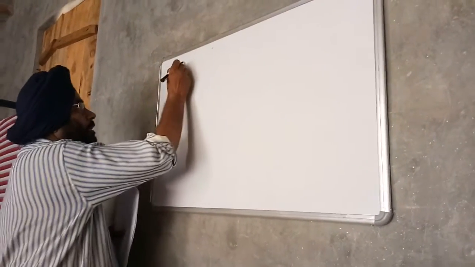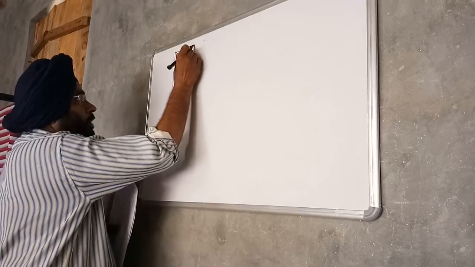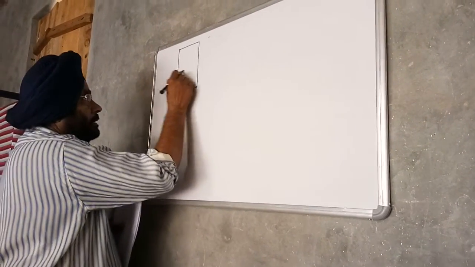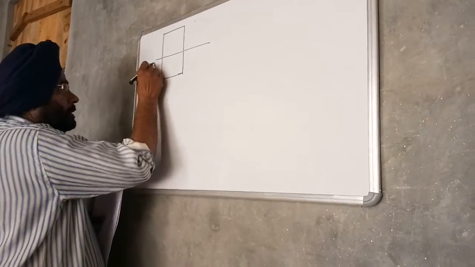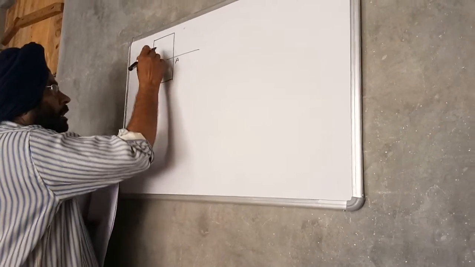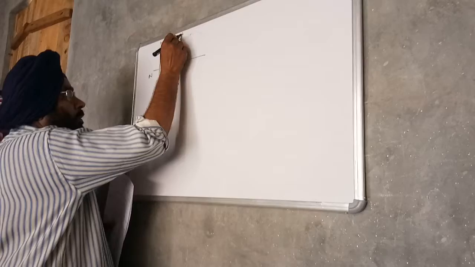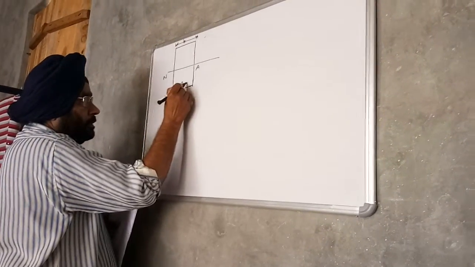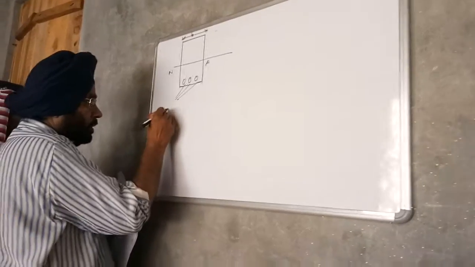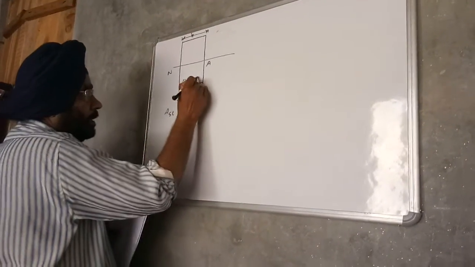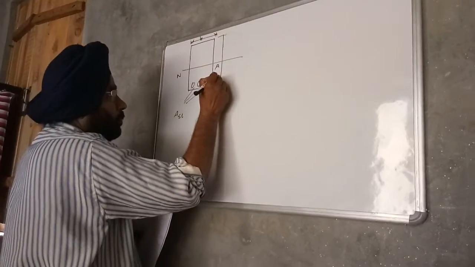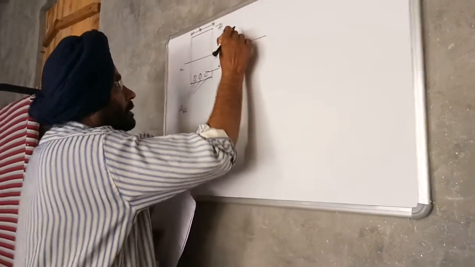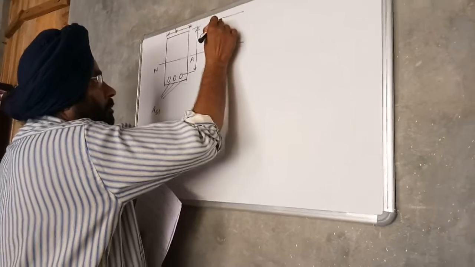This is a singly reinforced beam and this is the neutral axis. Let B be the width of the beam section, this is AST, the cross sectional area of steel, and this is the effective depth D. And this is the stress diagram.